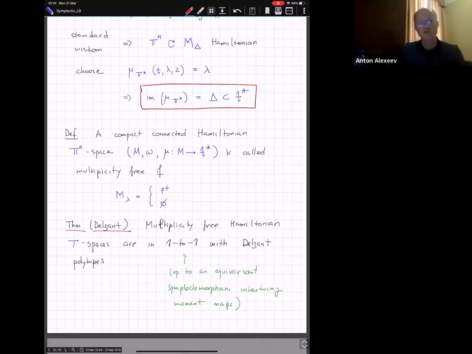So this is Lerman's trick, which was invented much after Delzant's original result, but it shows in a rather elementary way how you can build all of those multiplicity-free Hamiltonian T spaces. And I think that's a nice point to stop.